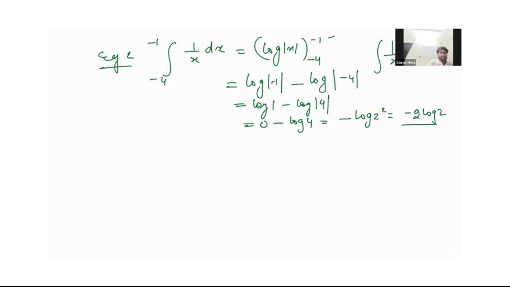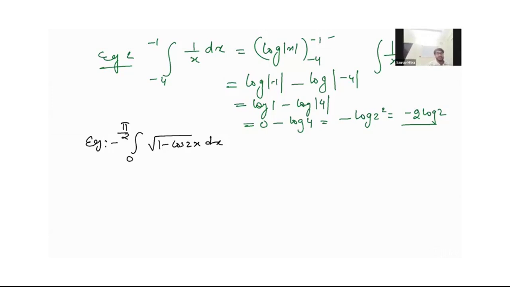Now let's check another example. It is the integral from 0 to pi by 2 of under root 1 minus cos 2x dx. So here it is a trigonometric function, and we have to integrate it.